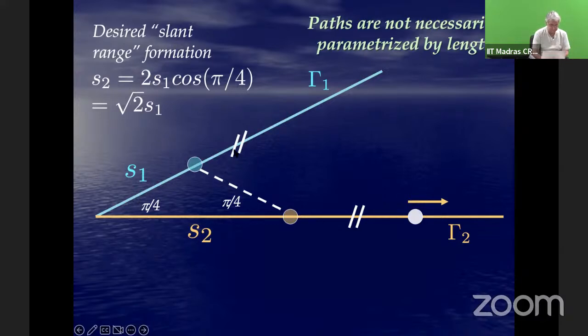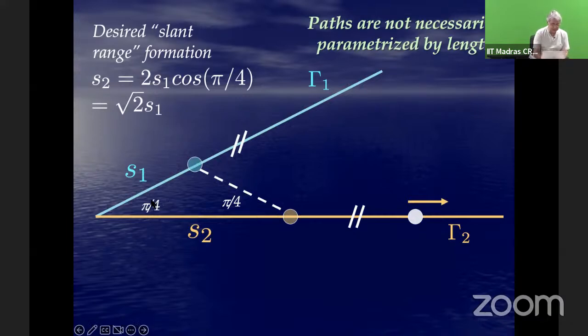In other words, you have this path gamma 1, you have a path gamma 2, and you'd like for this vehicle to go at a certain speed that you specify, and you'd like for this vehicle to be at such a place that this triangle is formed, and this angle is pi over 4, okay? And then they should progress like this, always keeping this kind of formation.